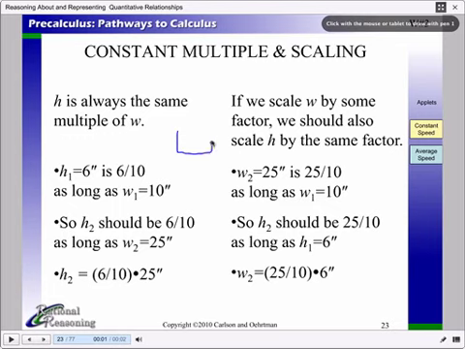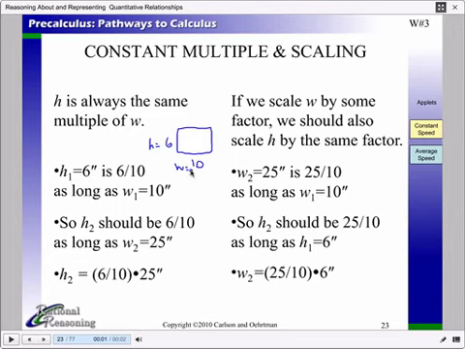In that example up on the board, this is H and this is W, the original photo, right? And the new photo, what dimension do we know for the new photo? 25 for the width. Okay, and then what's the height?